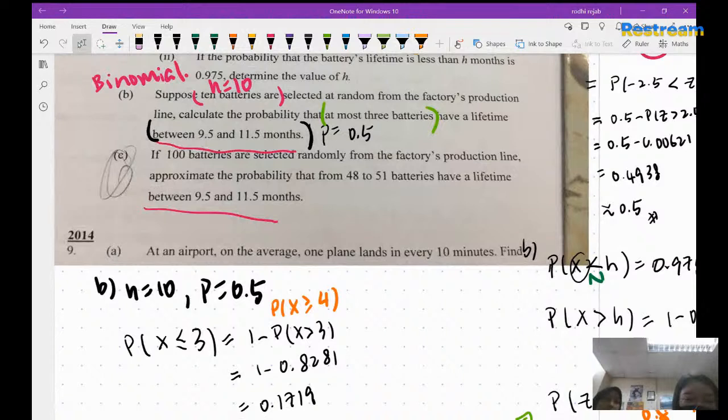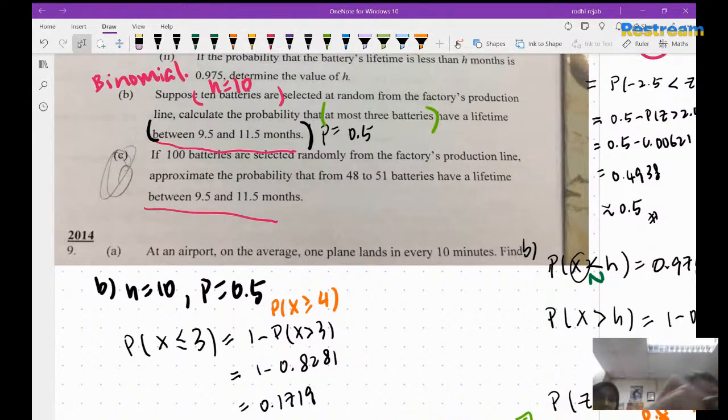Sekarang C dia cakap if 100 bacteria are selected randomly from the bacteria production line, approximate the probability that from 48 to 51 bacteria have a lifetime between 9.5 and 11.5. So from sini kami nampak lagi yang ni. So kami tahu dia punya P equals to 0.5.